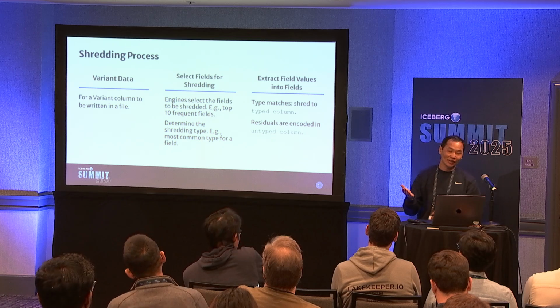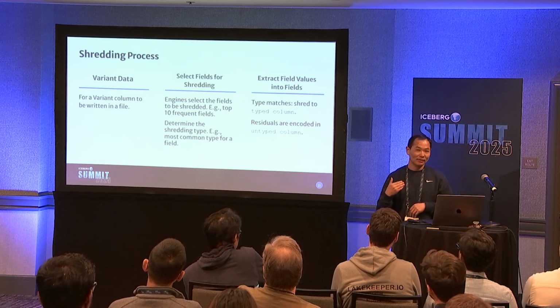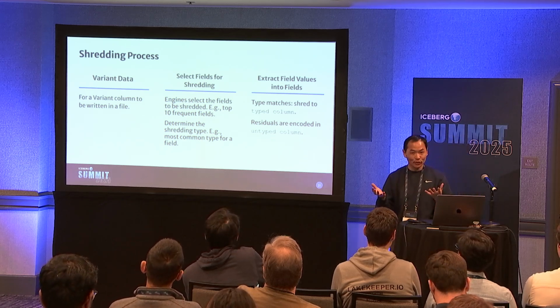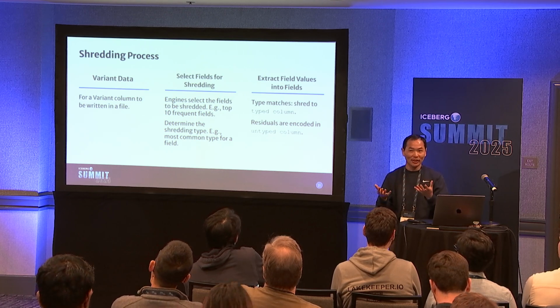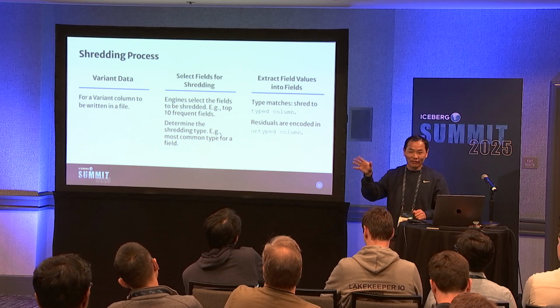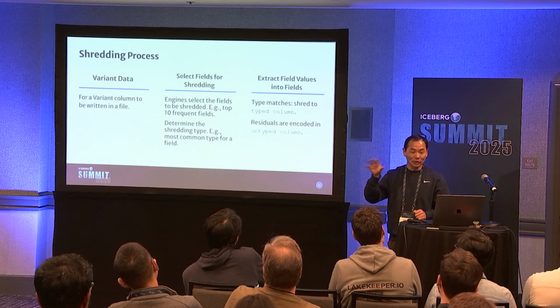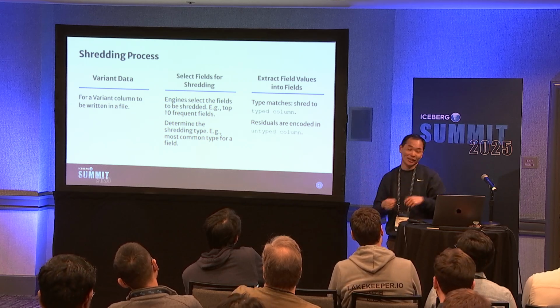For example, the engines may have some configuration for the users to say, oh, I know these 10 fields will be accessed frequently, so I'm going to configure these 10 fields. That's also possible.